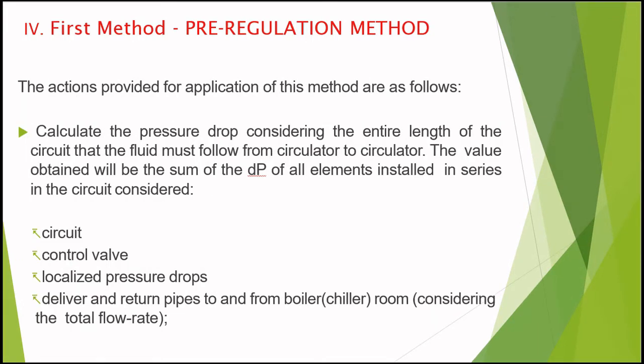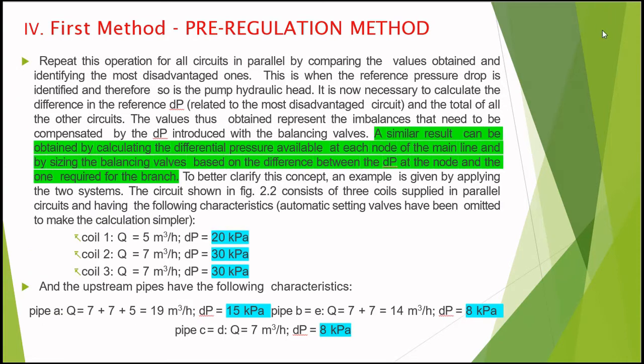We have to do this step in all the components of the circuit, including the circuit itself and the control valves and localized pressure drops, supply and return pipes for the chiller. Next step, we have to repeat this operation for all circuits in parallel, comparing the values obtained and identifying the most disadvantaged ones.